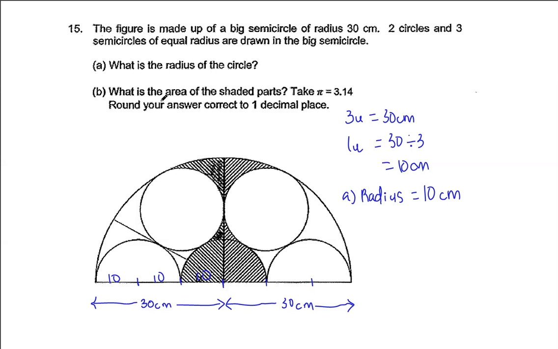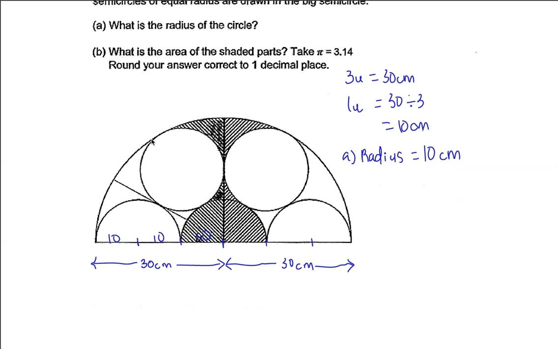Now part B. What is the area of the shaded parts? Now to find the area of the shaded part here, we will need to find the area of this big quarter circle here.